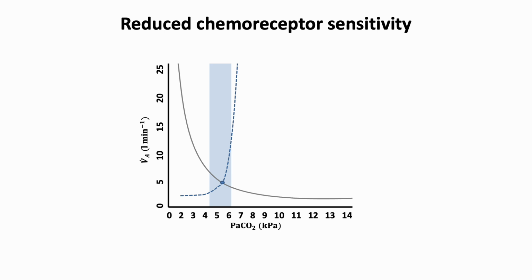Lastly here, I just want to highlight the main mechanisms of reduced chemoreceptor sensitivity, because that will obviously in itself increase PaCO2, even without impaired gas exchange, although impaired gas exchange will compound this.